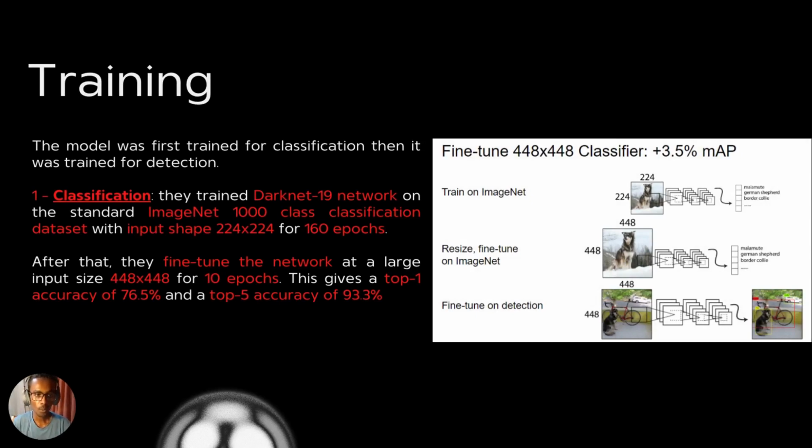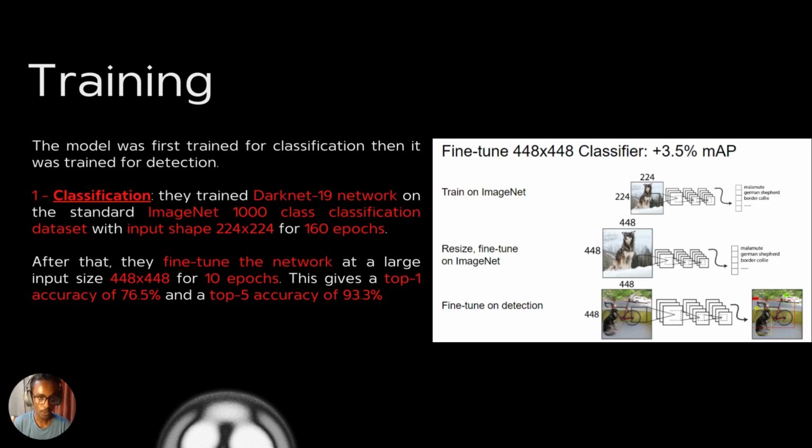So the model was first trained on classification, then it was trained for detection. When they trained for classification, the Darknet 19 network was trained using the ImageNet 1000 class classification dataset, using the 224 input resolution for 160 epochs.